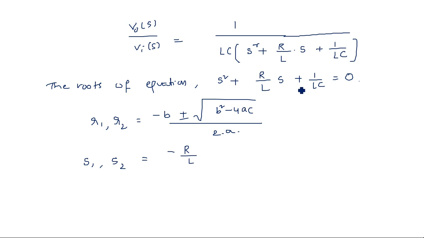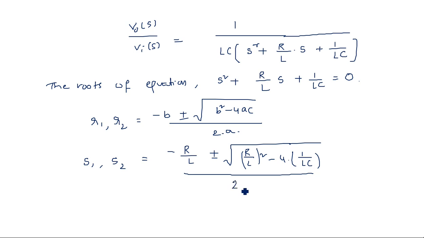Here a is 1, b is equal to R by L, and c is equal to 1 by LC. So the roots are minus b plus or minus square root of b square, that is (R by L) whole square, minus 4 into a, which is nothing but 1, into c, which is nothing but 1 by LC, divided by 2a. 2 into a is nothing but 2. Taking this 2 into the numerator, we get minus R by 2L plus or minus square root of (R by 2L) whole square minus 1 by LC, since when the 2 goes into the square root it becomes 4 and the 4 gets cancelled.